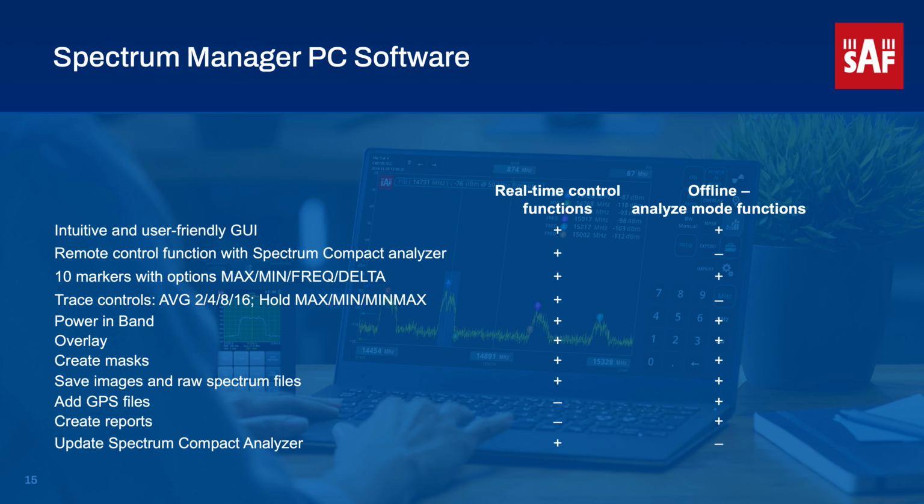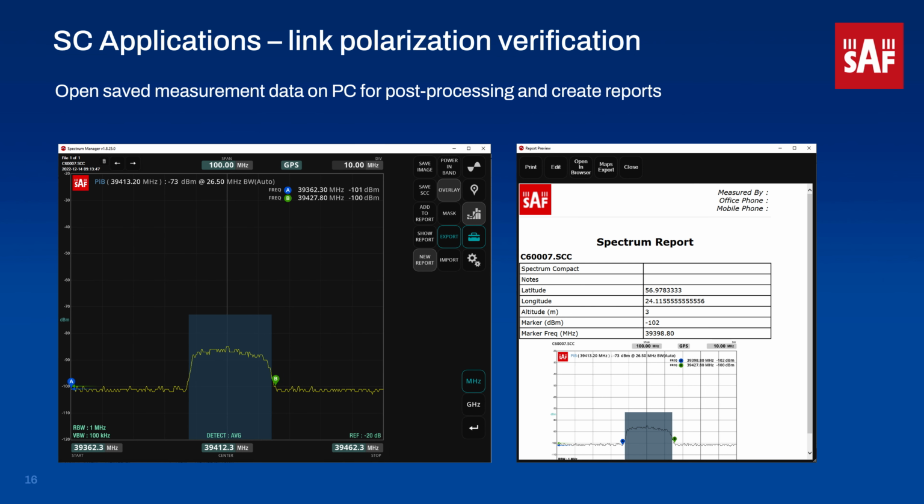Another very important feature of the Spectrum Compact is that you can save the measurement data into the built-in memory, and afterwards, after doing the field tests, you can return to the office and upload the saved data to the PC, with which you can later do reports and gather this data for later use, to compare how the situation changes in the future, for example. This is an example of how we can work with the measured data.